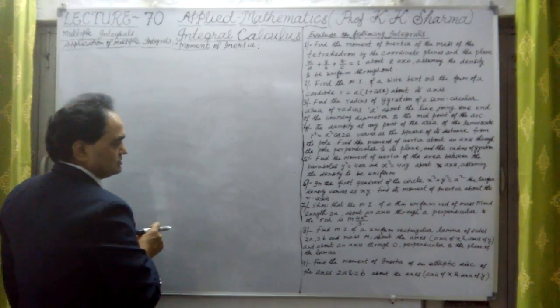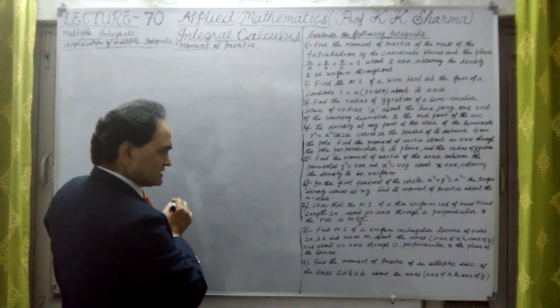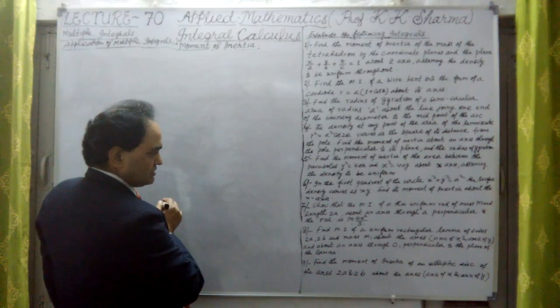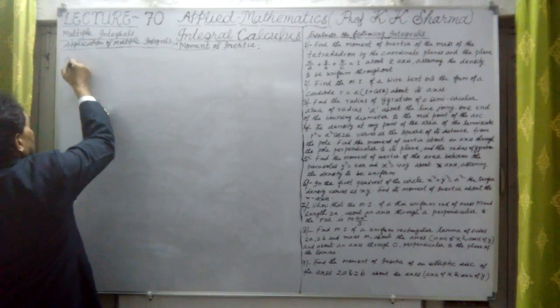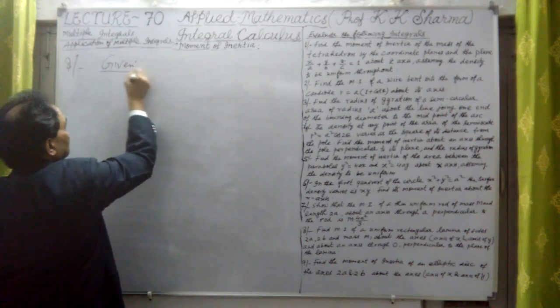First, let me find out the uniform rectangular lamina of sides twice a, twice b, mass m about the axis. This is question number 8, let me talk about what is given to us.